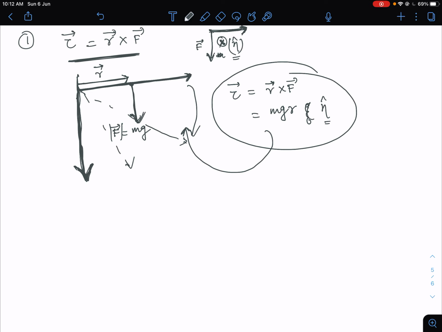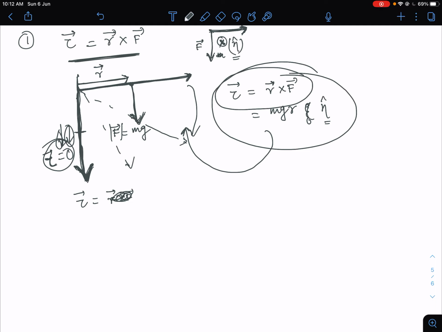Because at that moment the torque acting on the stick is 0, since the position vector and the force of gravity are in the same direction. That's why the cross product between these two is 0, in other words, the torque is 0. So that's why the stick will stabilize. The reason for rotational motion is torque, the rotational version of force.